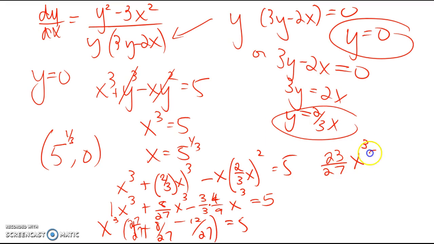X to the 3rd equals 5, multiplied by the reciprocal, right? So x to the 3rd equals 135 over 23. And then this will be to the 1/3. This is kind of a lot of stuff going on here, huh?